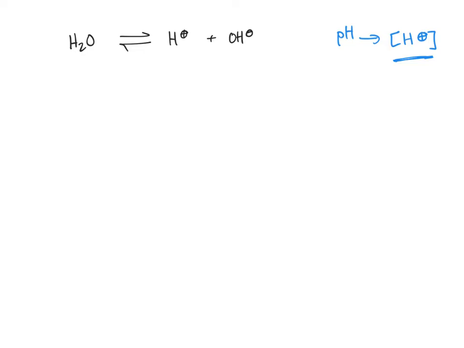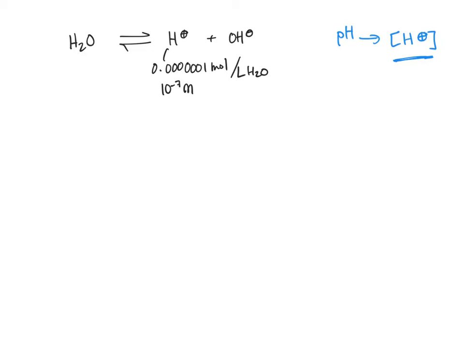It dissociates so little, in fact, that in 1 liter of water, you'll find about 0.000001 moles of hydrogen ions per liter of water. You could rewrite that and say that there's about 10 to the minus 7th molar hydrogen ions in this liter of water.